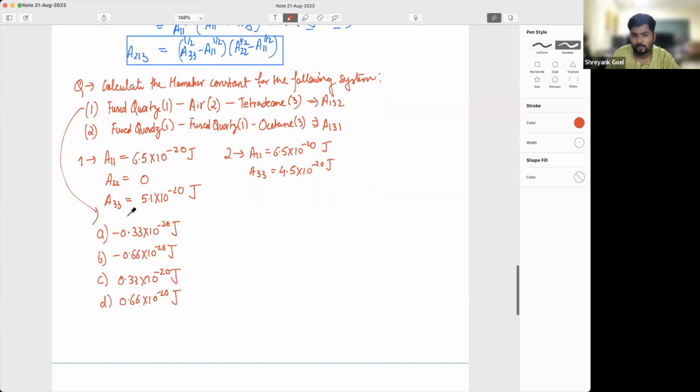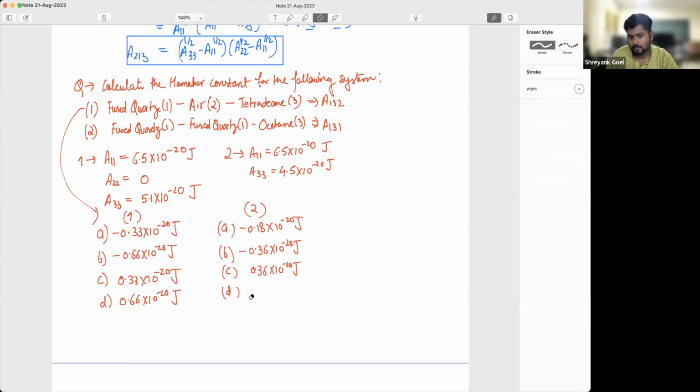For the second, the options are minus 0.18 into 10 to the minus 20 Joule, minus 0.36 into 10 to the minus 20 Joule, and then the positive counterparts of these.